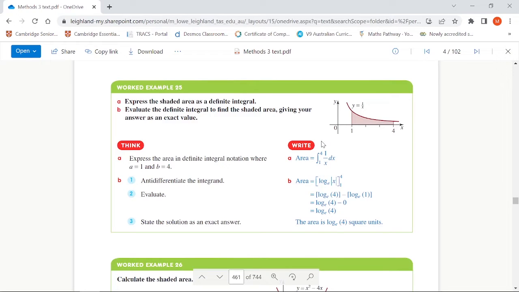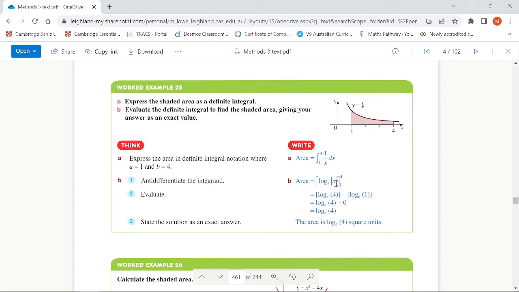So then part B, where it says evaluate the definite integral. Okay, we integrate 1 over x, which gives us log base e of |x|. Okay, notice the absolute value symbols around the x because we need to make sure we can only take logarithms of a positive value.